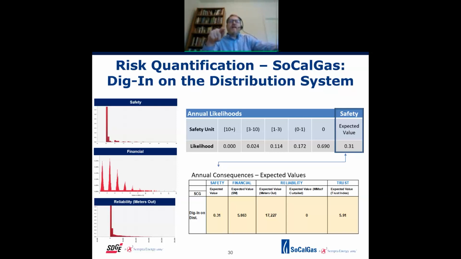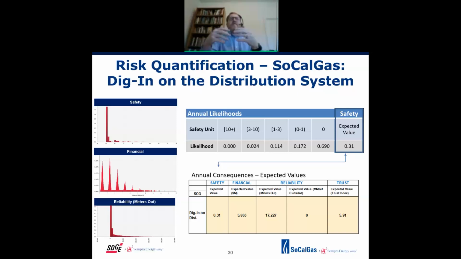The likelihood of that happening in a given year is very low. It's basically zero. The odds of an outcome of 3 to 10 people dying is actually 0.02, so about 2% of our years, we think. So you can get a feel for the likelihood on an annual basis of how big the risk will be.